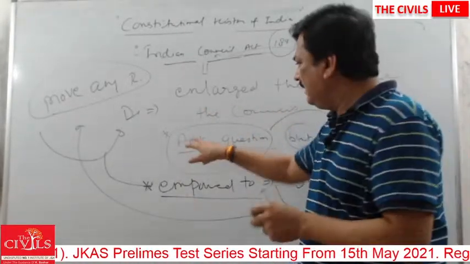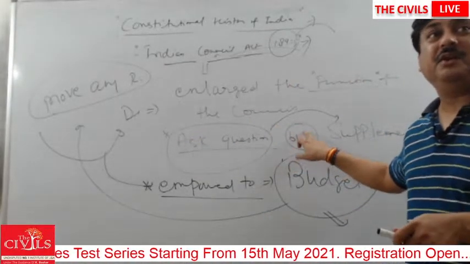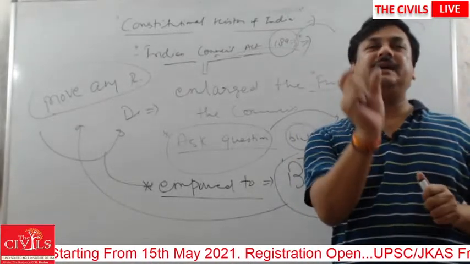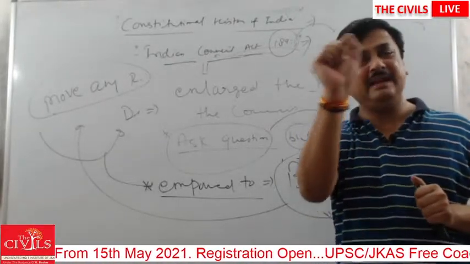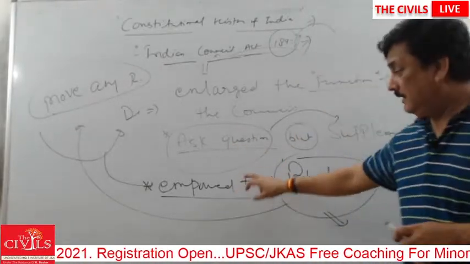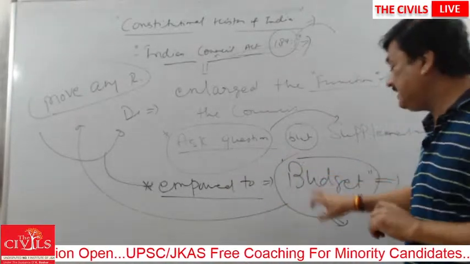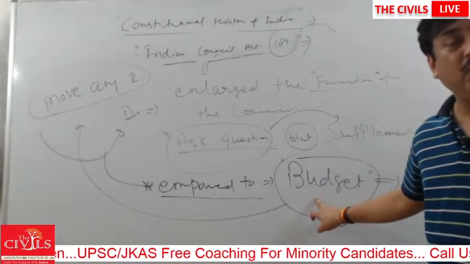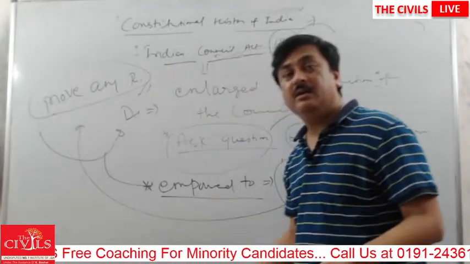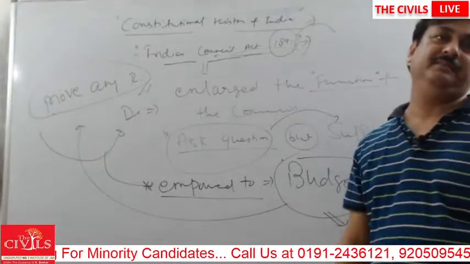How limited? They had a right to ask a question, but not a supplementary question. Means what? They had a right to ask only one question, and if any question arose from that question, they were not allowed. In the second provision, they were empowered to discuss the budget, but they were not allowed to move any resolution or to divide the house on financial matters.